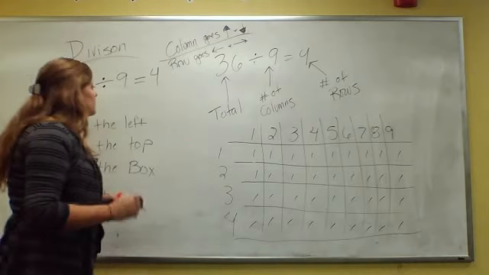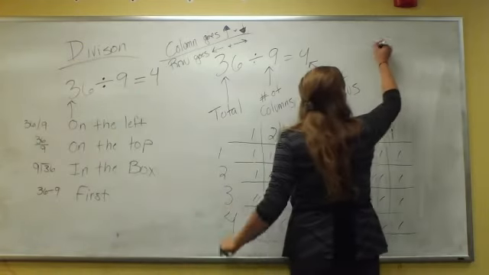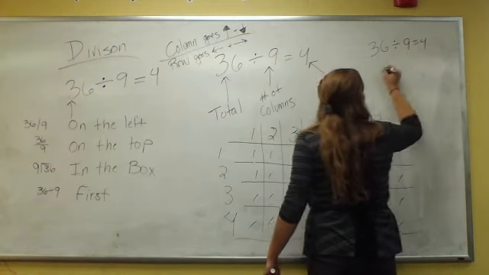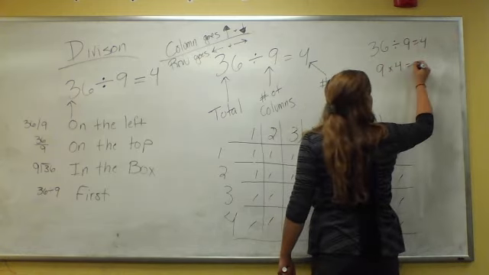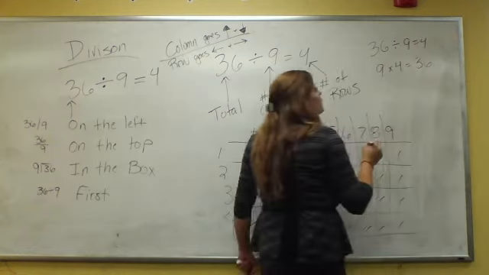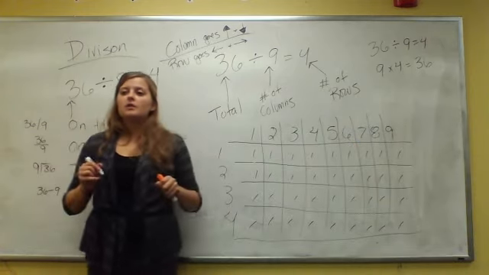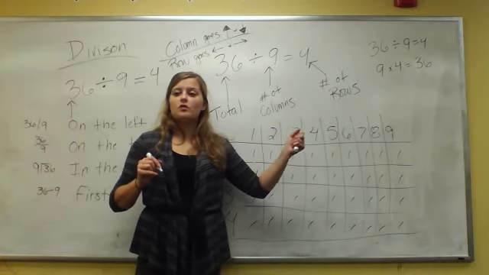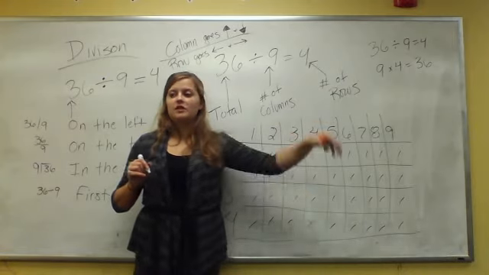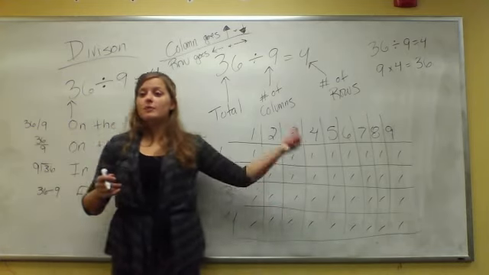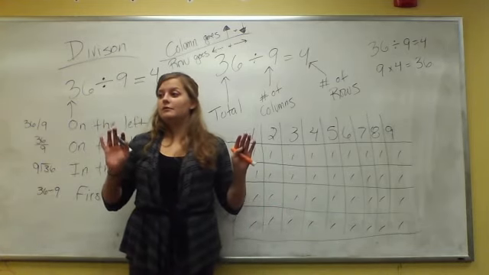Because 36 divided by 9 is equal to 4, and 9 times 4 is equal to 36. So we're taking those same numbers and mixing them around. That's why I said once you have your multiplication down, division is going to be that much easier. Some people do like division better than multiplication, and if you learn better backwards, perfectly fine.